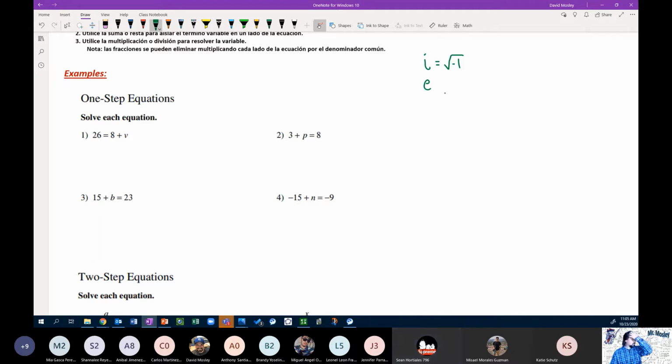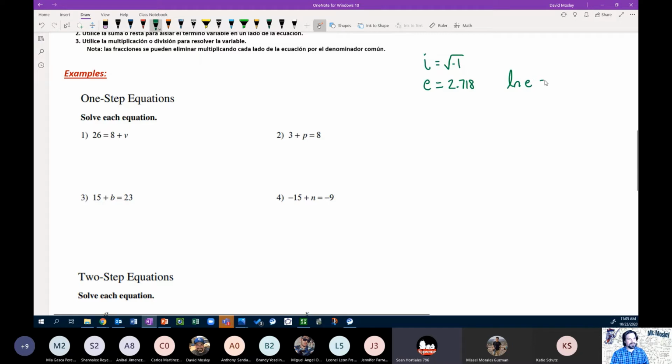It's approximately 2.718. And the E is essentially, oh man. It's going to be really hard to explain for our class.